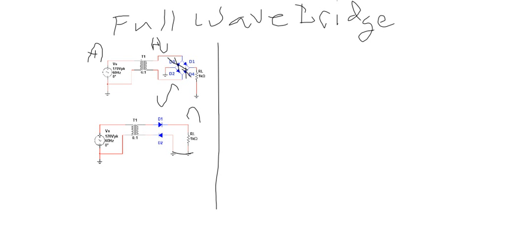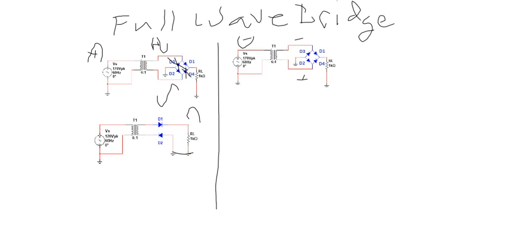Now, let's look at the negative half cycle. I want to bring another full bridge out here. During the negative half cycle, just the opposite happens. There's my negative half cycle. Now, during the negative half cycle, you get the positive pulse down at the bottom and a negative at the top.